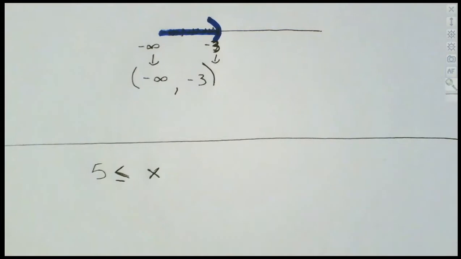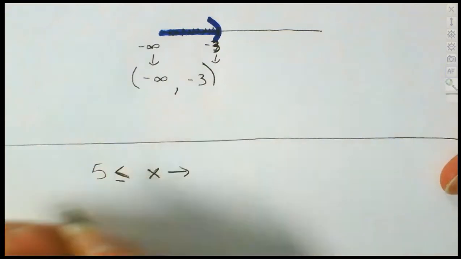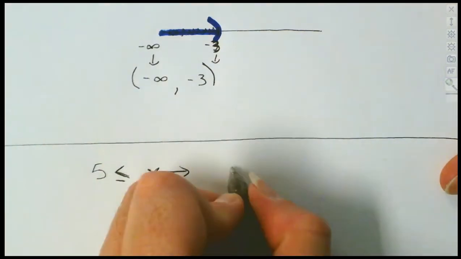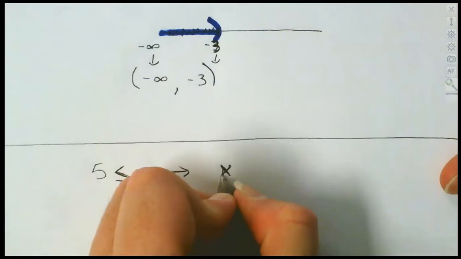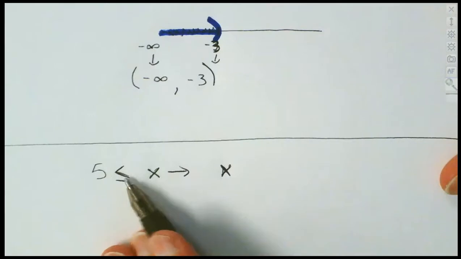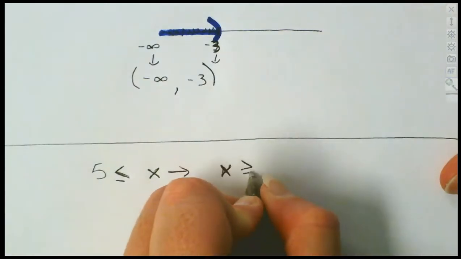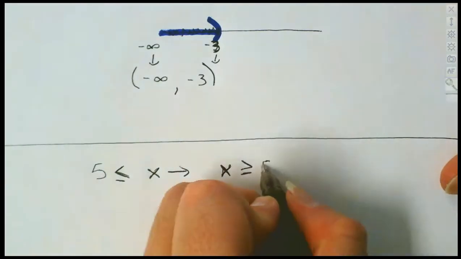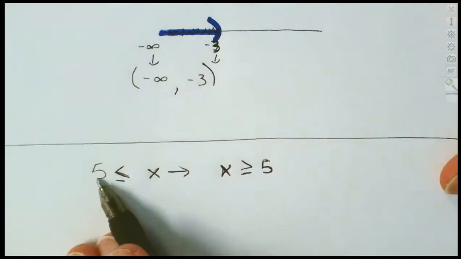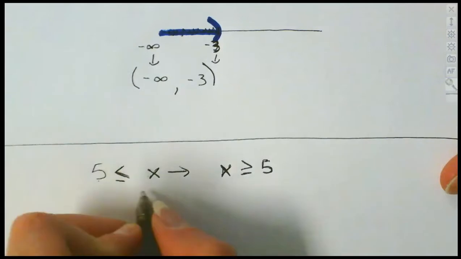If we have to rewrite it, then we got to make sure it goes the correct way. So let's rewrite this with our x on the left. Now, which way is it going? Look at the way it's opening, okay? It's opening towards the x here. See how it's opening towards the x? So it has to be opening towards the x over here. And then 5 is here. So it still points towards the 5, opens towards the x. All I did was I just flipped them around.